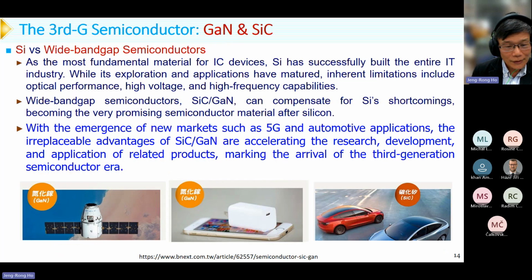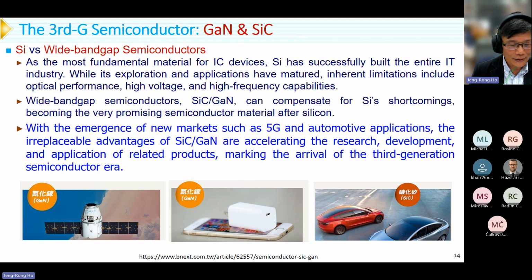As we know, silicon, gallium nitride and silicon carbide are usually called the third generation semiconductors. Silicon-based semiconductors have been very successful in the information technology industry.